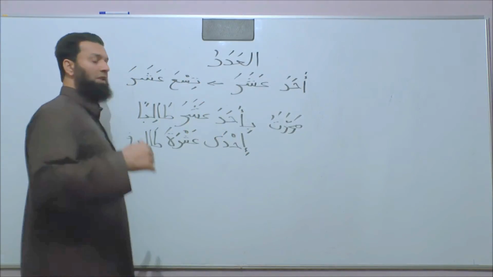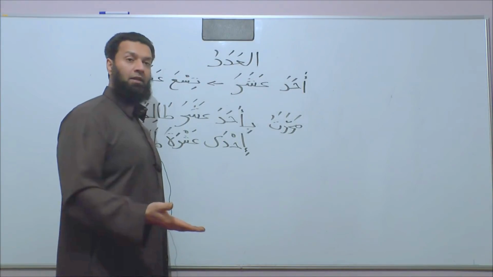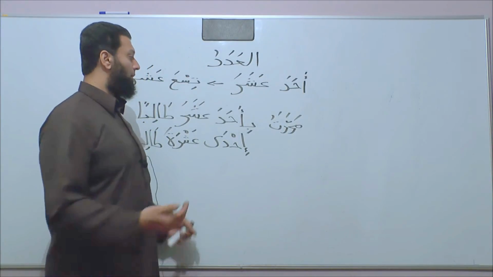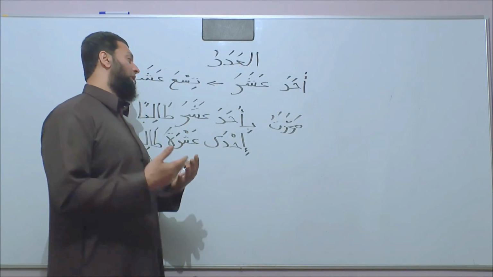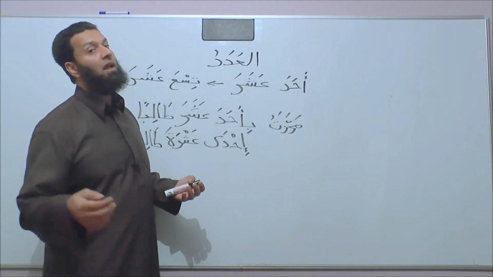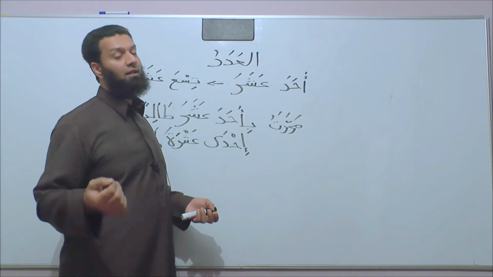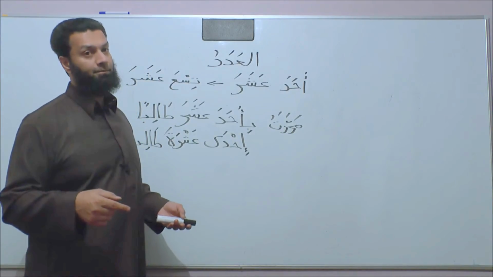Remember, the idafatun is of particular types. It's either used to express ownership, kitabullahi, or it's used to describe two nouns that are closely related, that affect one another. For example, aklul hadidi, eating the iron.